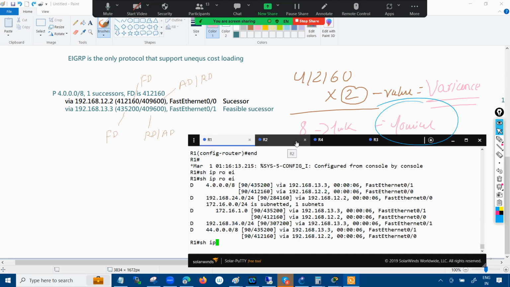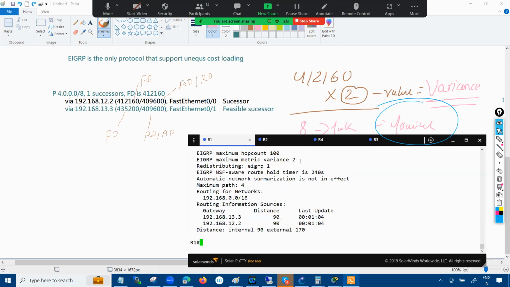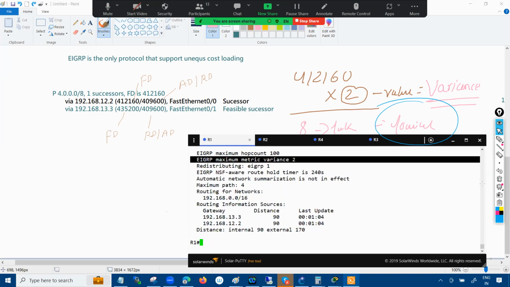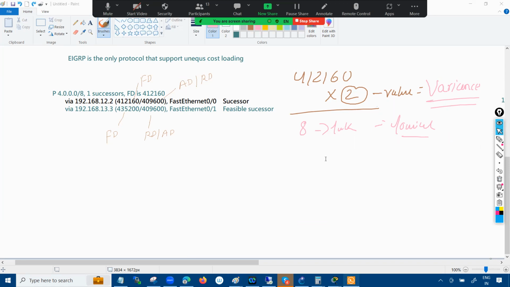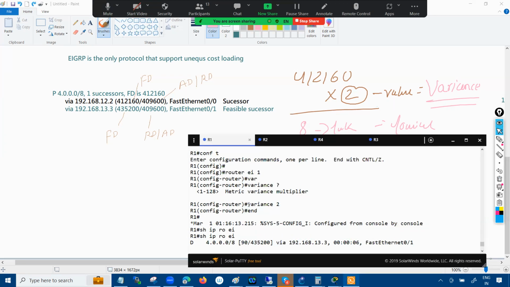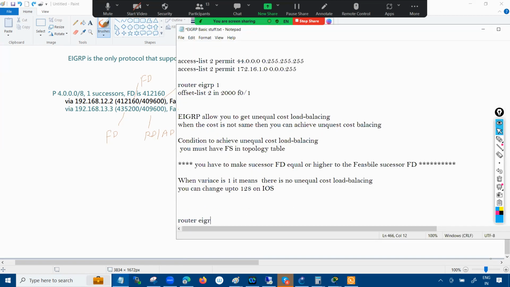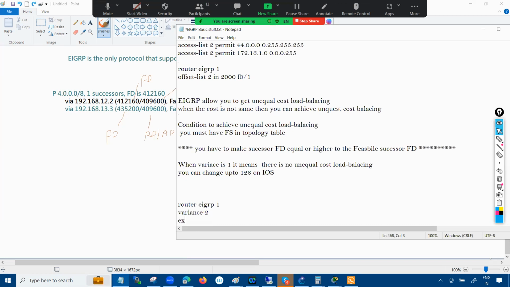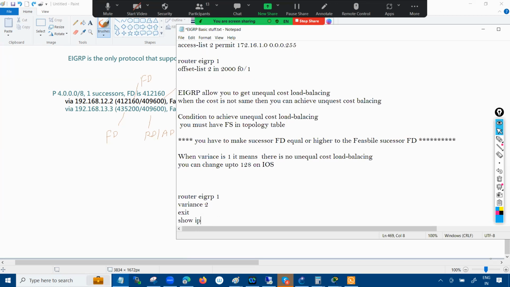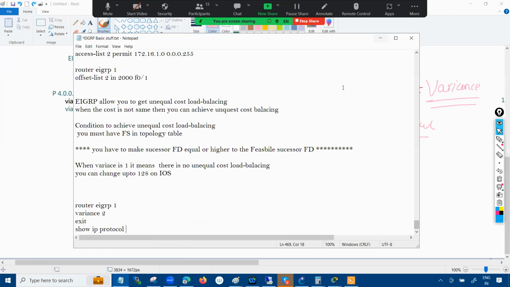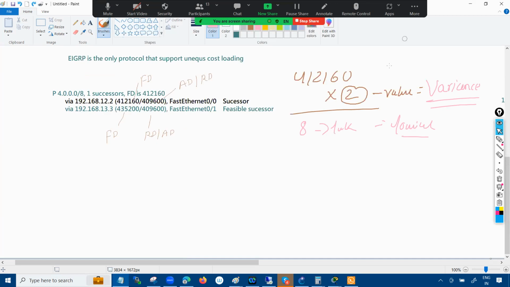So with show ip protocol, you can check the variance too. Let me share the screen. Show ip protocol will give you the verification for the variance. So that's done. If you want more, I can give you, but I think it's enough information today.